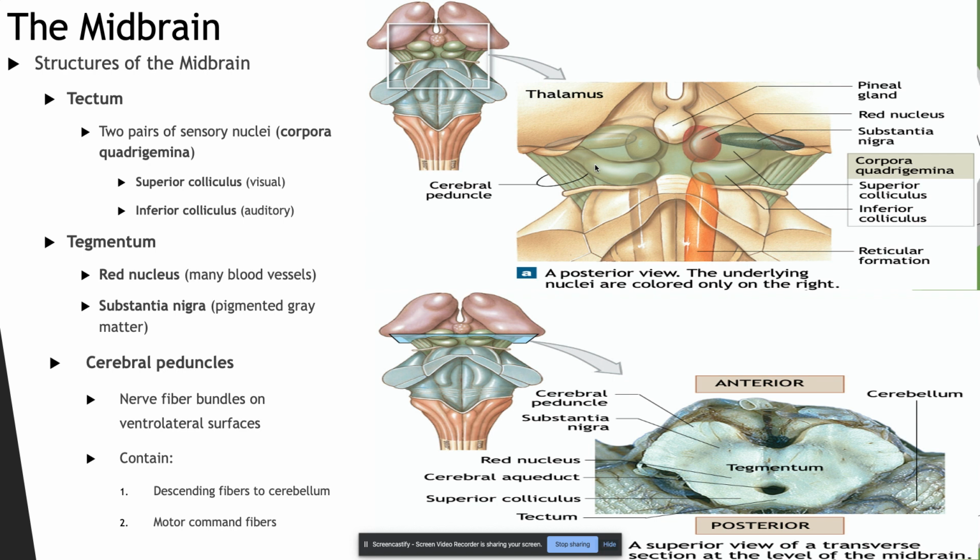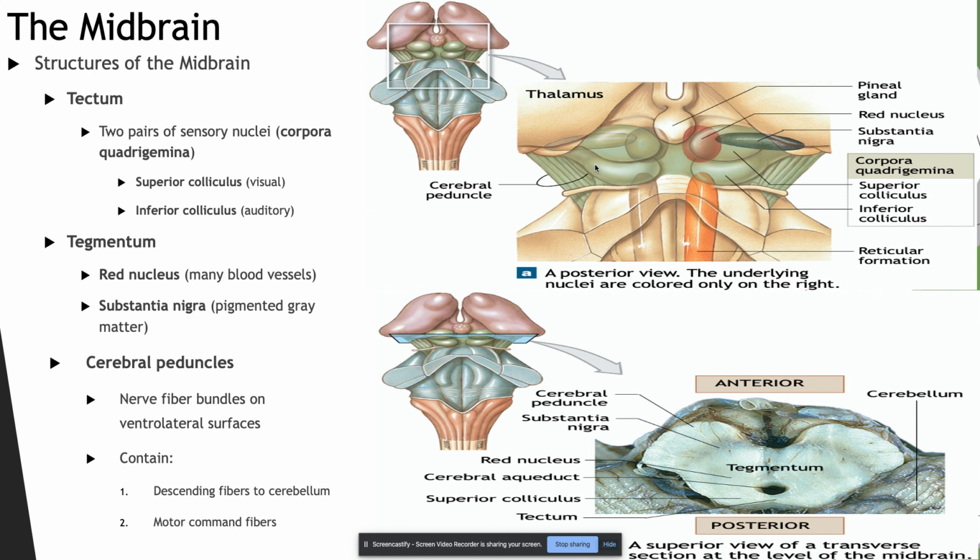So the external anatomy of the midbrain is shown here. The tectum, or the roof of the midbrain, is the region posterior to the cerebral aqueduct. It contains two pairs of sensory nuclei known collectively as the corpora quadrigemina. And these nuclei, the superior and inferior colliculi, process visual and auditory sensations.